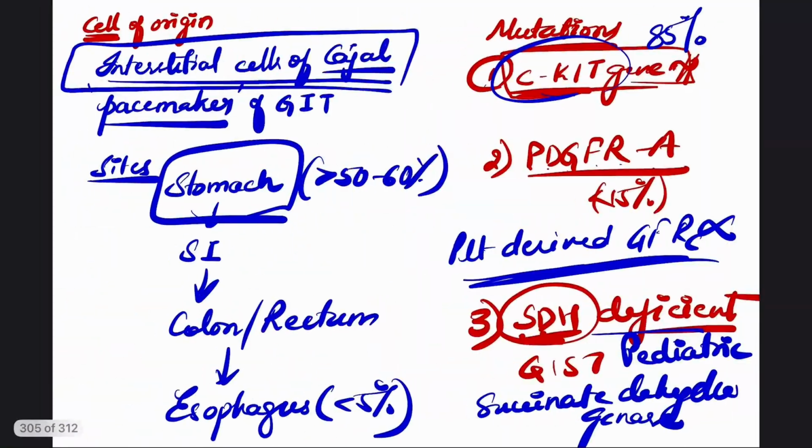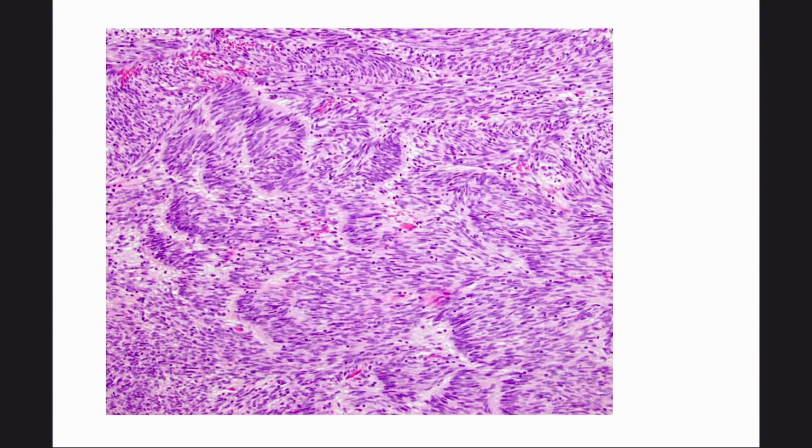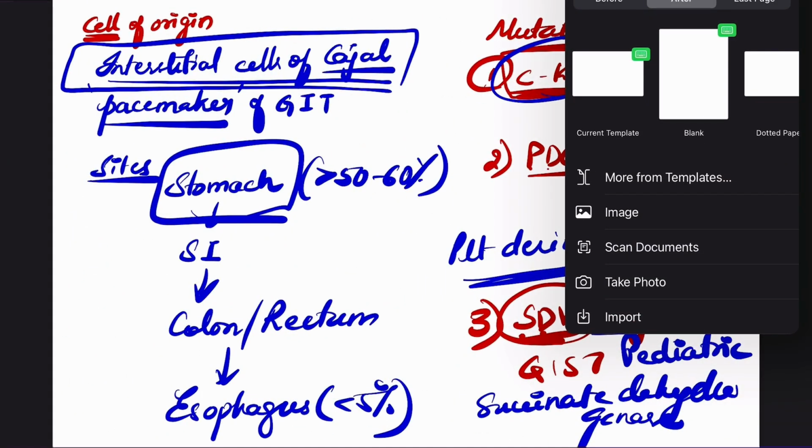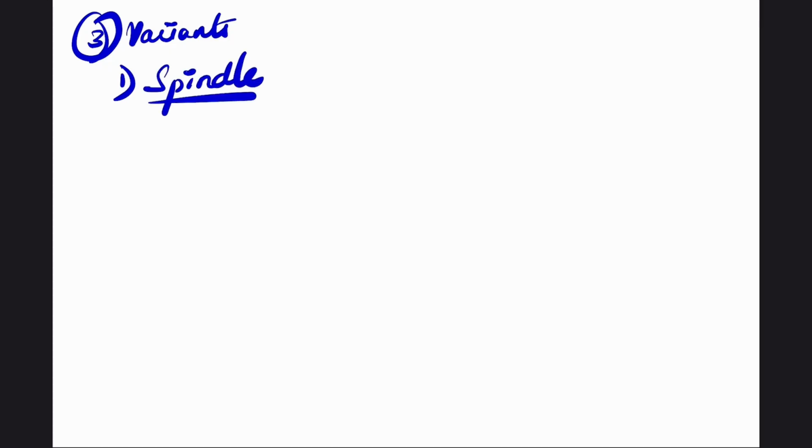Before proceeding, I would like to discuss the histological variants. There are three variants. One is the spindle cell variant, most commonly seen with c-KIT and PDGFRA mutations.